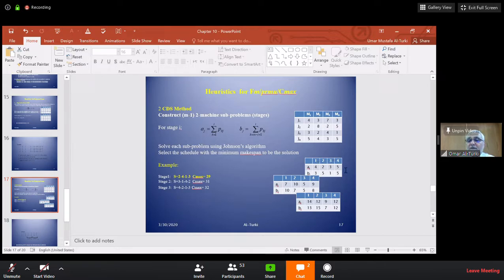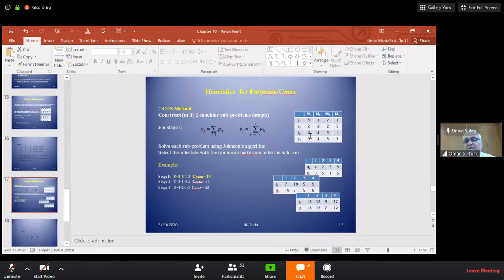This is what you will get, the two machine problem. Now use Johnson to solve it. Johnson will give you the 2, 4, 1, 3 sequence. If you apply 2, 4, 1, 3 on the original problem, you will find Cmax. Be careful: it's the Cmax of the original problem, not the two machine problem.